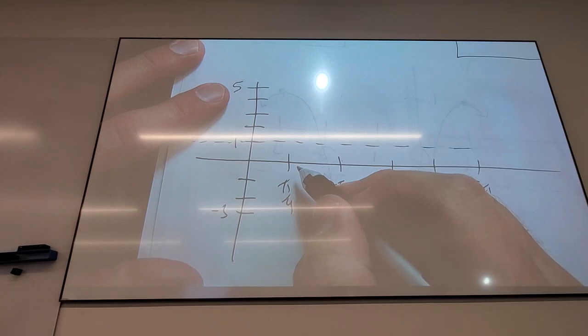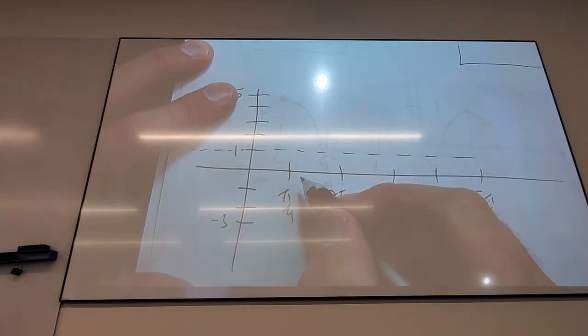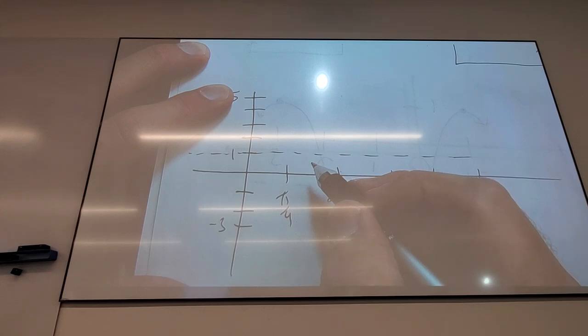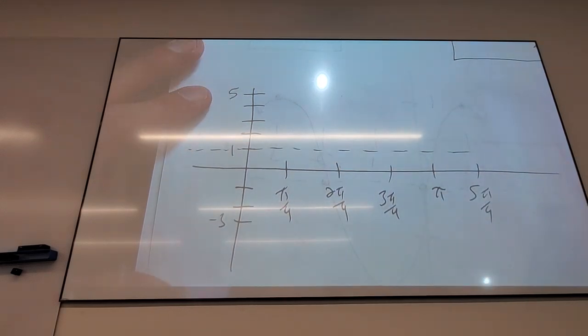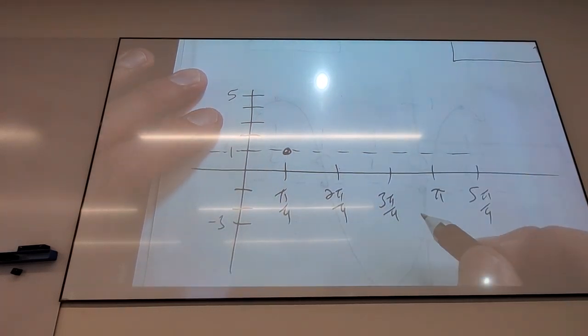So what kind of function do I have? Sine. It starts at pi over 4. Where does sine start? No, that's cosine. Where does sine start? Sine normally starts at 0, or a better way to say it, starts on the midline. So it's going to start here. Then it goes where?